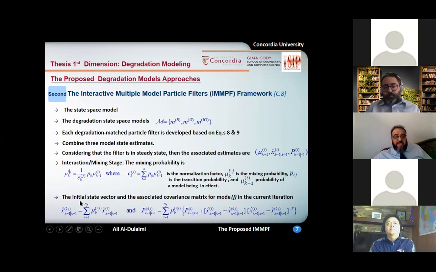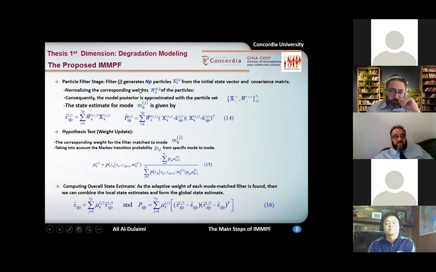Using this, we can get the initial state vector and the associated covariance matrix for a specific mode based on this equation, which we will use to generate N particles and their normalized weights to get the state estimate of each mode based on equation 14.